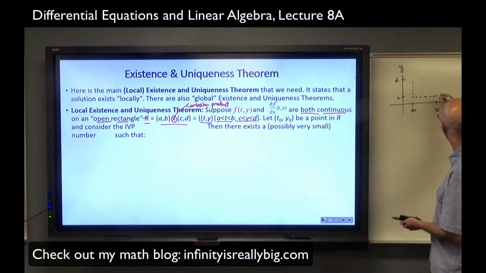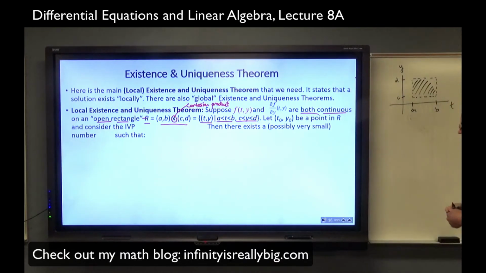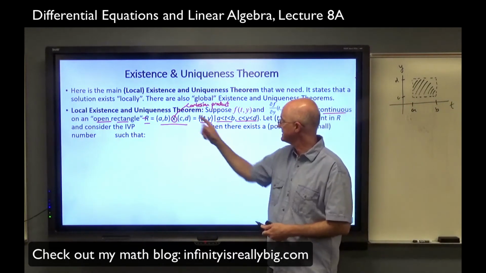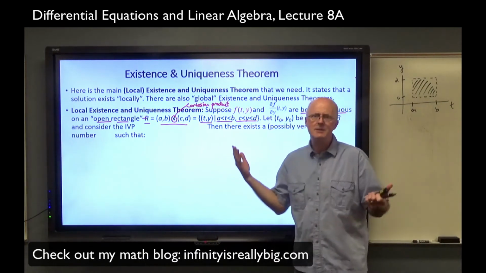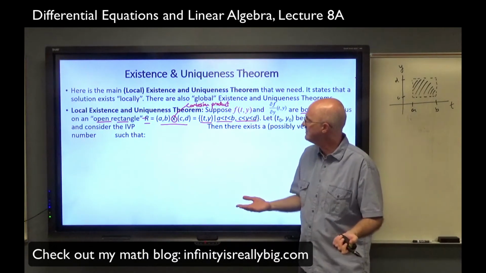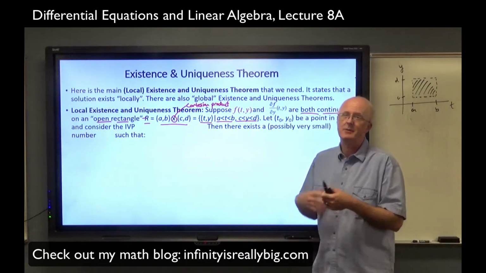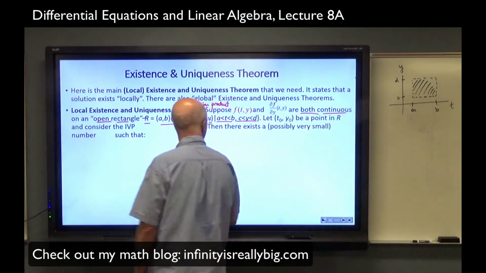I'm making the boundary of the rectangle dashed to indicate the part inside is the only part that is technically included, not the boundary. These are not closed intervals here. They are open intervals. Could it be continuous over a closed rectangle with closed intervals? It could be. But for the purposes of this theorem, it's best to assume an open rectangle.